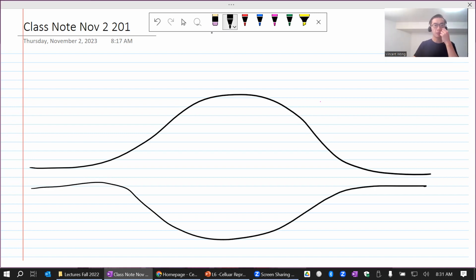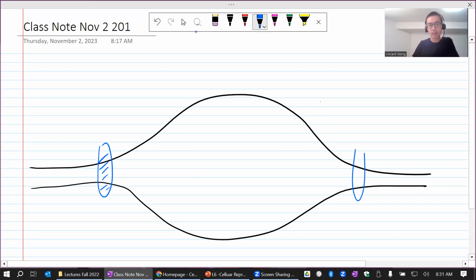And we talked about several enzymes that are going to be involved in this process. We have the helicase here that is going to be unzipping the DNA. It was drawn like this, right? The helicase here, which helps unzip the DNA, creating the bubble.